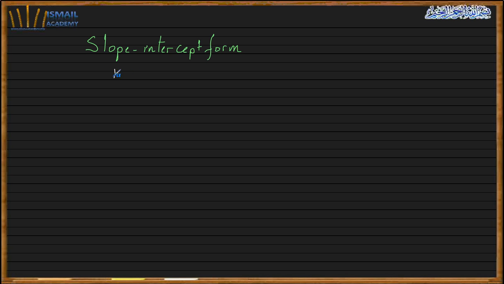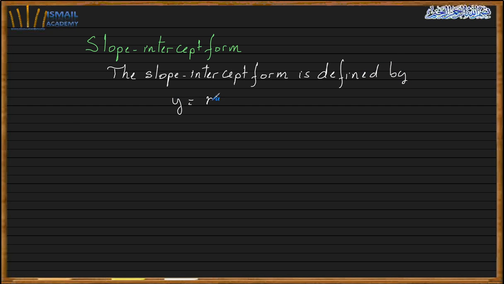So the slope-intercept form is defined by y equal mx plus b, given that m is the slope and b is your y-intercept.